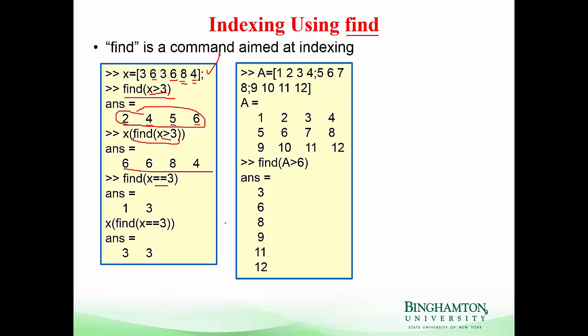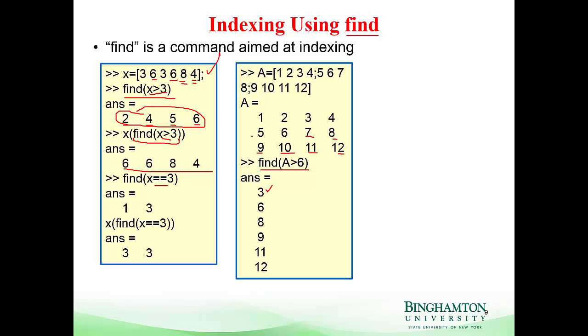Now, when we're doing it with a matrix, this is one time you're forced to use the single indexing scheme for a matrix. So if you do find a greater than 6, it's going to find all the elements that are greater than 6. So let's see, we'll have the 9, we'll have the 10, we'll have the 7, the 11, the 8, and the 12. So what does it return?